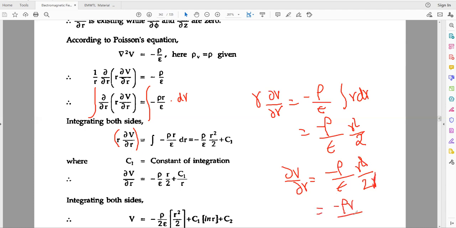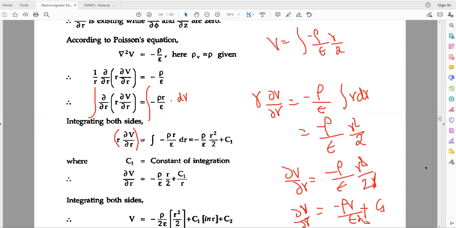Minus rho R by epsilon, and you can add C1 as a constant of integration. This is the value you'll get: minus rho by epsilon into R by 2. Now integrate on both sides, because on the left hand side there is a derivative. V is equal to the integral of minus rho by epsilon naught by 2.